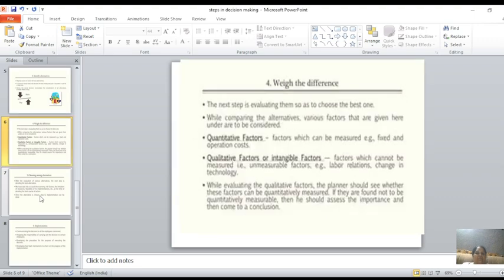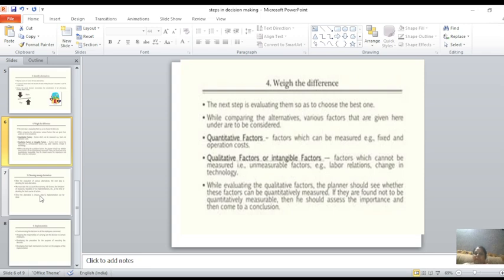And then the fourth step is weigh the evidence. What are you doing here? While we are comparing the alternatives and various factors, we will come to a conclusion that there is a quantitative factor and a qualitative factor. The factors that can be measured are called quantitative factors. The factors which cannot be measured, that is, unmeasurable factors, are called qualitative factors.